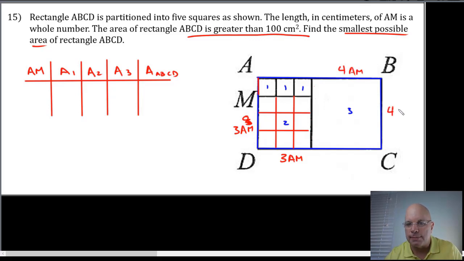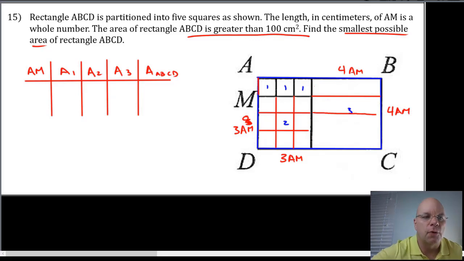This must be 4 times whatever AM is. So you can sort of imagine area 3 being a 4 by 4 square. If you just continue to extend these horizontal lines, if it's 4 this way, it must be 4 this way since it's a square.